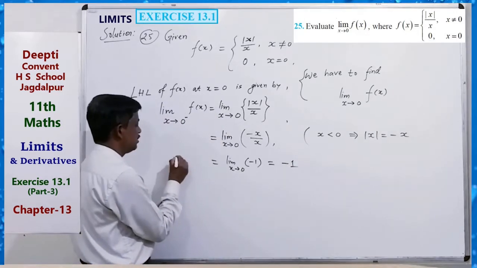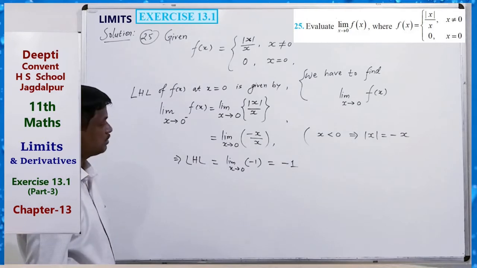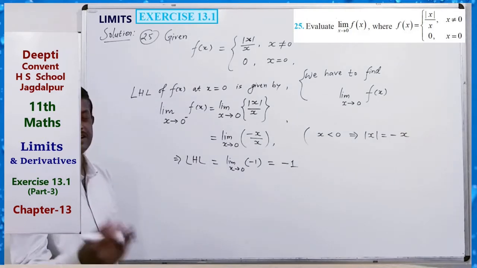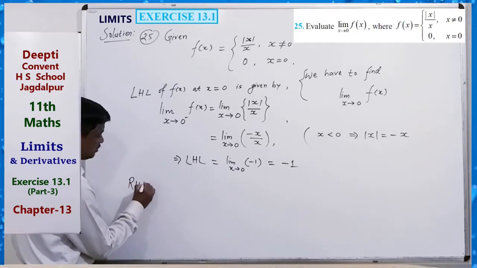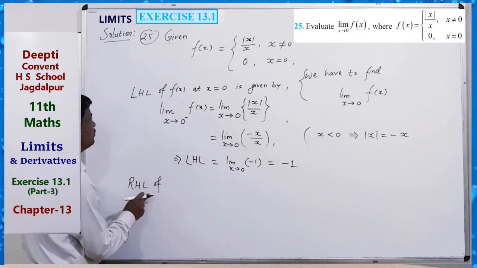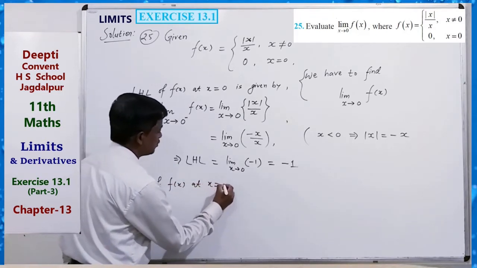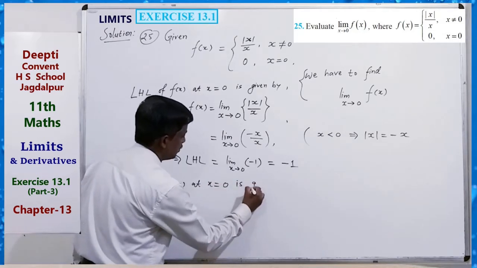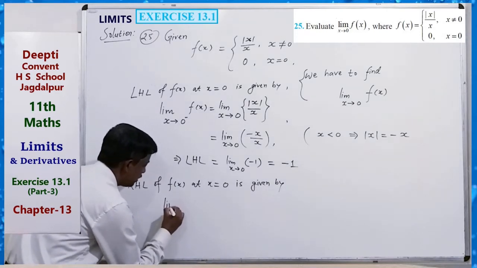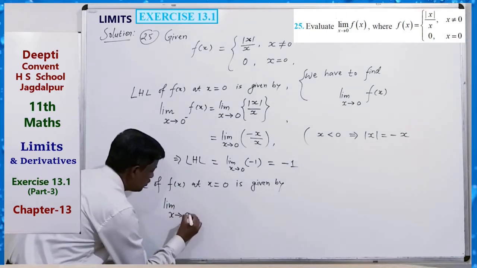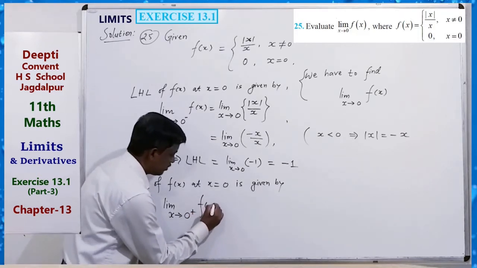So the left hand limit is minus 1. Similarly, you can find the right hand limit. The right hand limit of f(x) at x equals 0 is given by the limit as x tends to 0 plus of f(x).